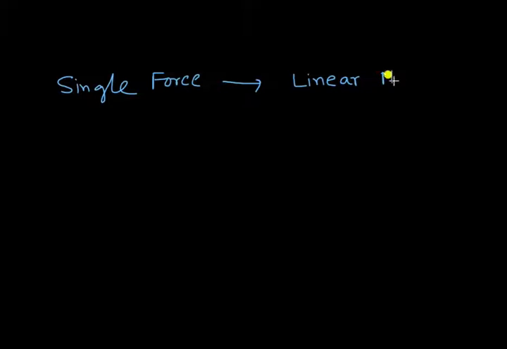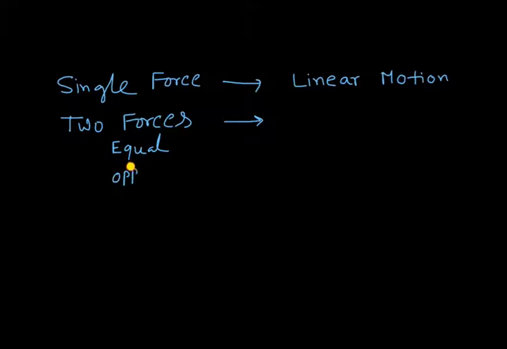So what we have seen in our previous classes is that a single force is the cause of linear motion. When two forces are acting on a body which are equal and opposite, they will cause circular motion.